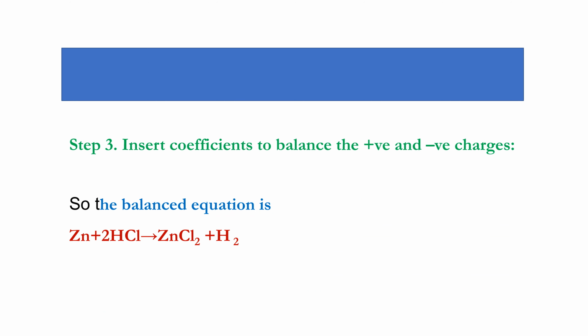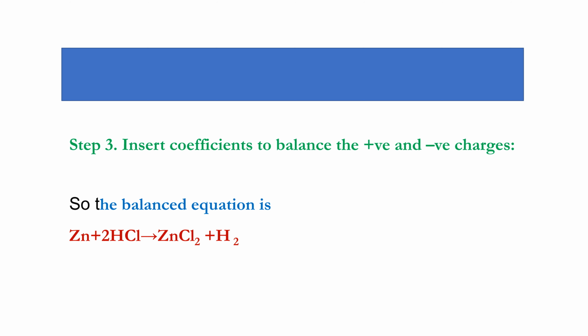Okay, you need 2 atoms of hydrogen for every 1 atom of zinc. This will give +2 and -2, which is then balanced. So the last step is to insert coefficients to balance the positive and negative charges.